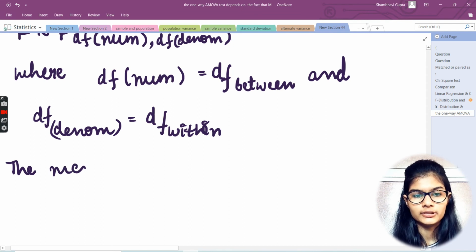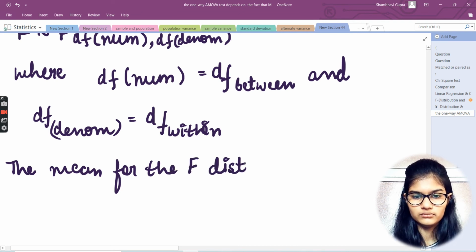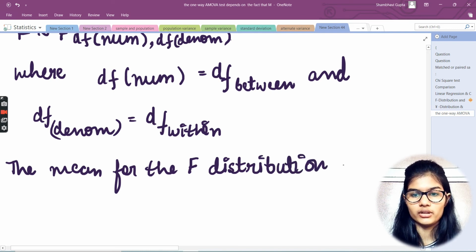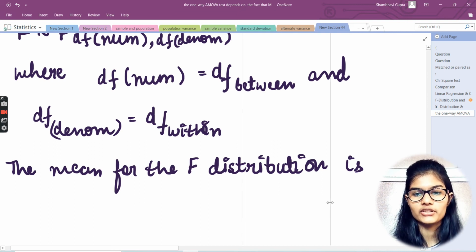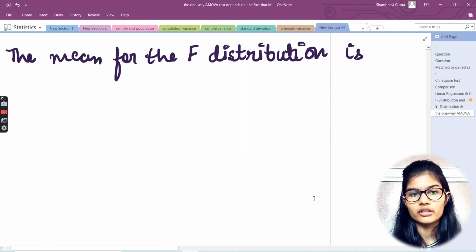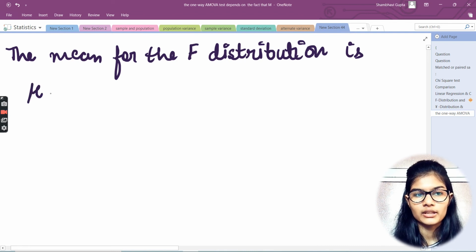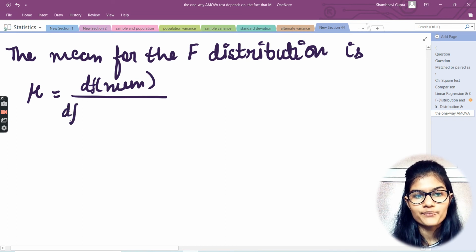Okay, now next we are having the mean for the F distribution. The mean for the F distribution is mu equal to df numerator divided by df denominator minus 1.